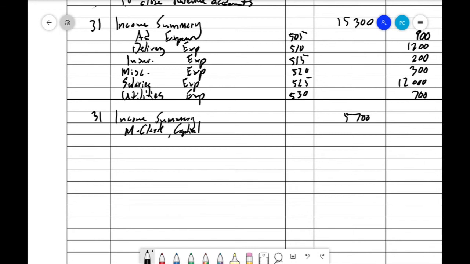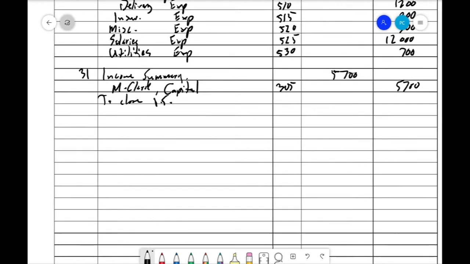And the capital account is 305. Okay, so that is to close income summary. Okay, so 5,700. So basically you are adding 5,700 to the capital account.